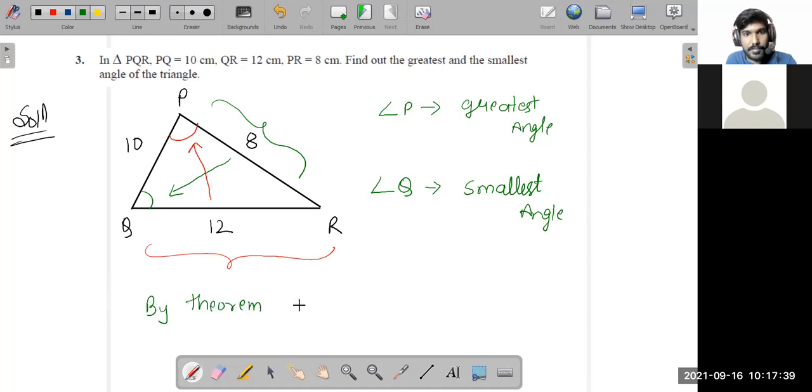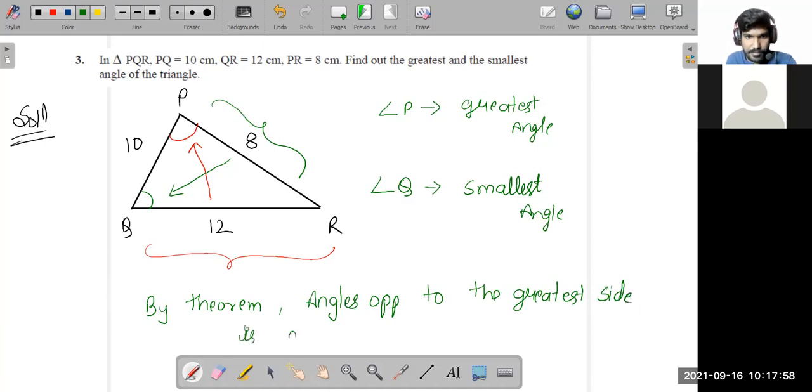By theorem, angles opposite to the greatest side is greater, and angle opposite to the smallest side is the smallest.